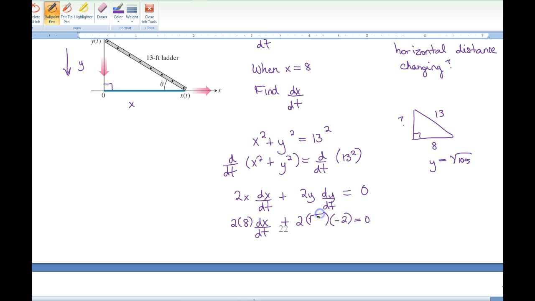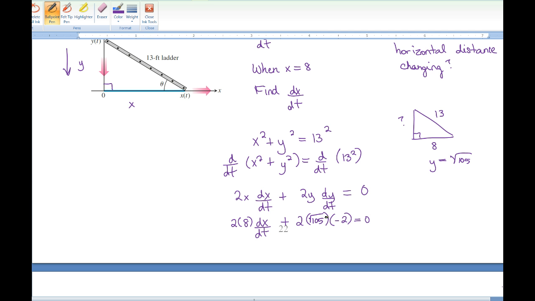So we can put that in here. Once we plug all of the information in, we should only have one unknown. We only have one equation, so we have one unknown. So multiply this out, add it to the other side, divide by 16, and we should get our answer.